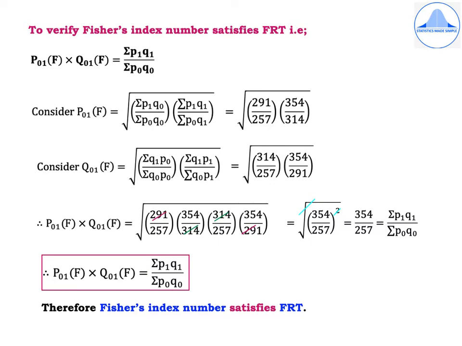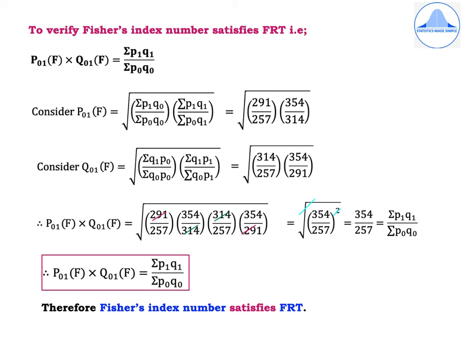Now let's verify Fisher's index number satisfies FRT, that is P01 of f into Q01 of f is equal to summation P1 Q1 divided by summation P0 Q0. Consider P01 of f, which is root of summation P1 Q0 divided by summation P0 Q0 into summation P1 Q1 divided by summation P0 Q1, which is equal to root 291 divided by 257 into 354 divided by 314.